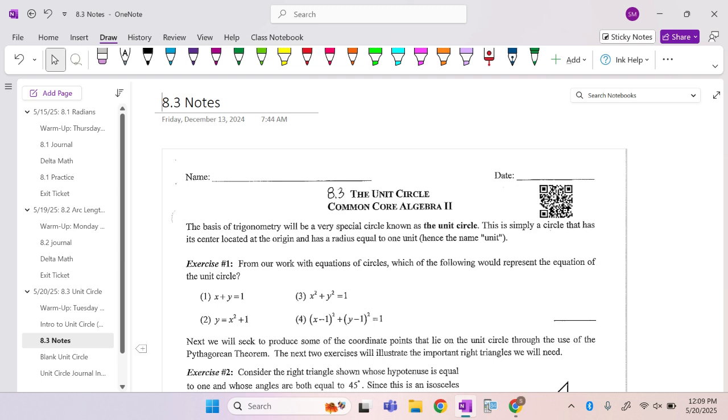So if you guys are in here, page 5 of your packet, have that ready to go. Shut the phone up. So you guys have page 5, open your packet, ready to go.